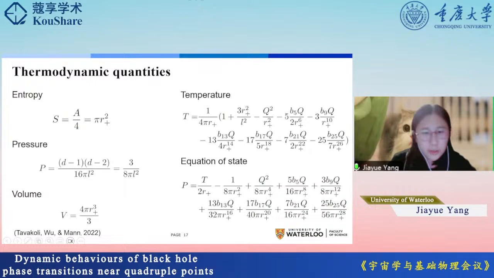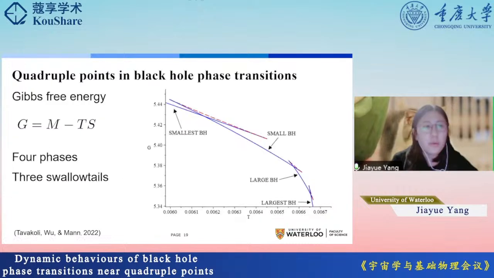Now let's talk about the quadruple points in black hole phase transitions. After getting the thermodynamic quantities we've seen before, we can compute the Gibbs free energy as the mass of the black hole minus the temperature times the entropy of the black hole.